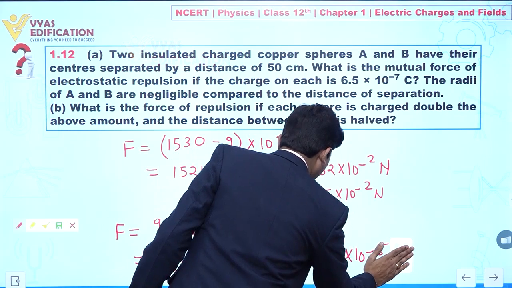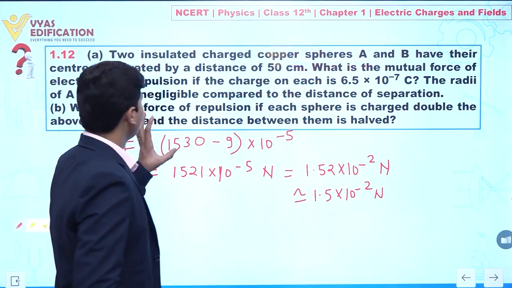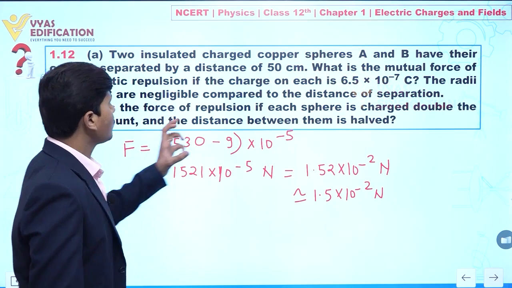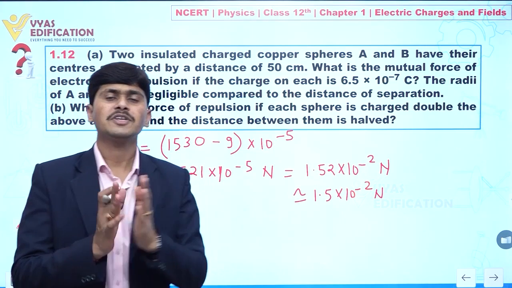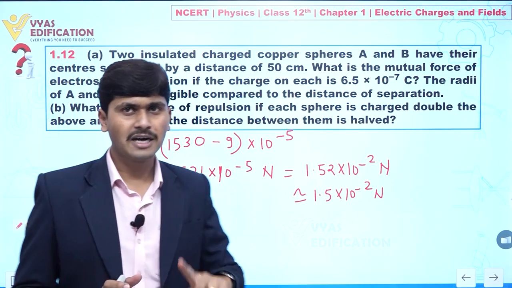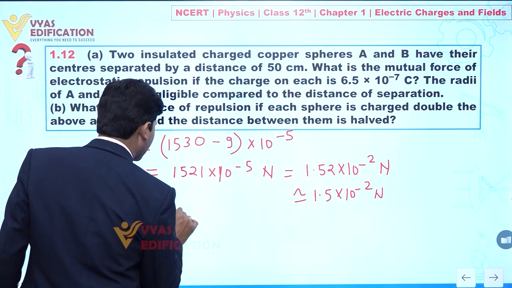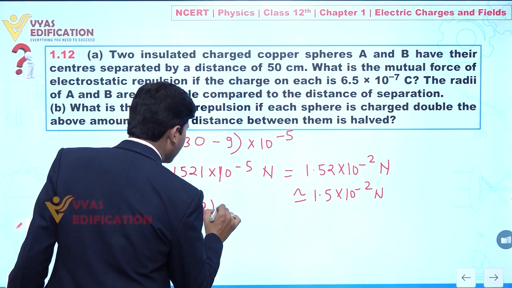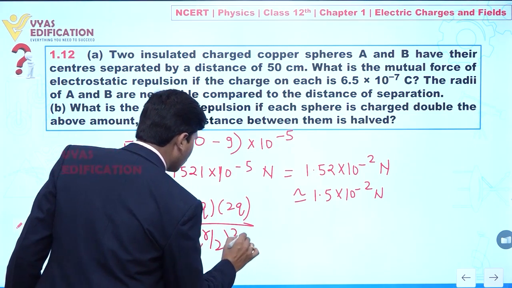Now next, in part B it is given: what is the force of repulsion if the sphere charge is doubled and the distance between the two spheres becomes half? So we can say F dash is given by K, we have 2Q, 2Q, divided by R by 2 whole square.